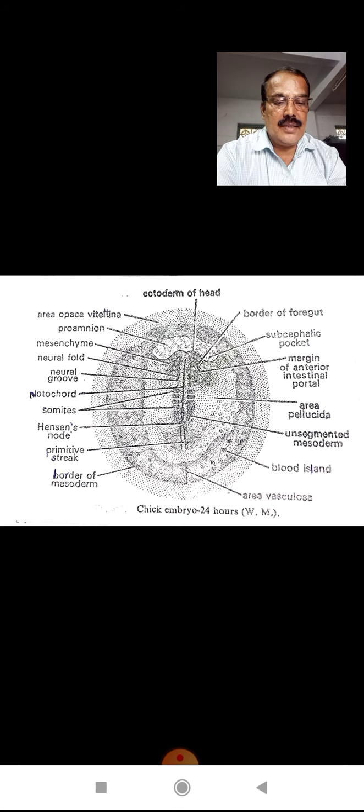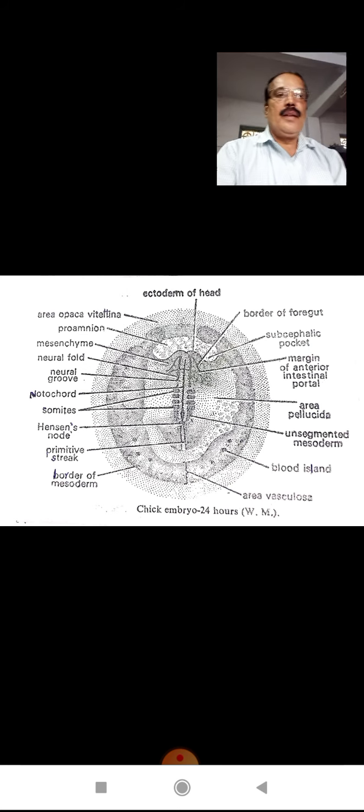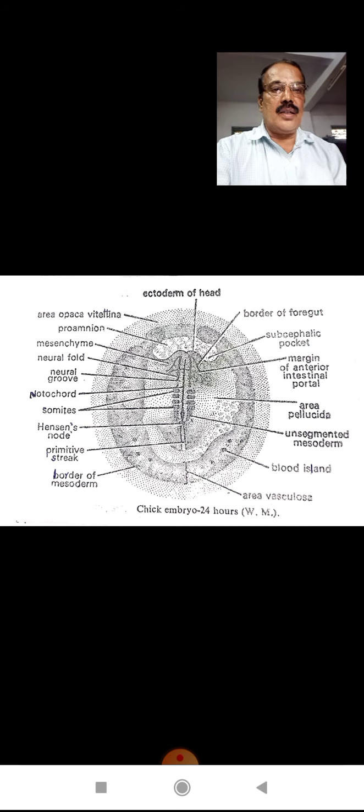Notochord lies in the midline below the neural plate. Neural plate is prominent and the neural groove is deeper near the cephalic end. Neural folds appear as dark bands. There are four pairs of somites seen in the midline on either side of the notochord.